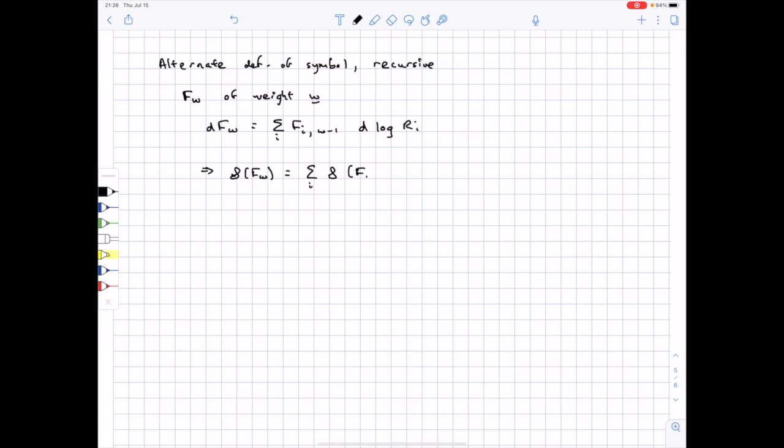Symbol of all these fi, of weight w minus 1, by putting tensor ri at the end of the symbol.